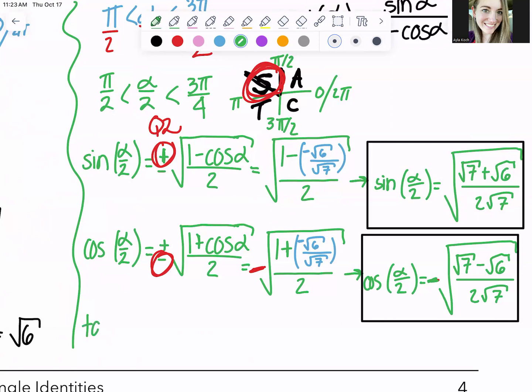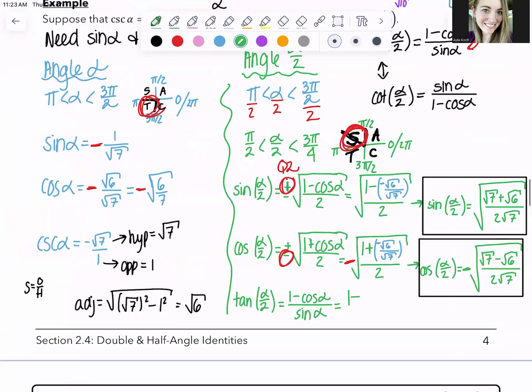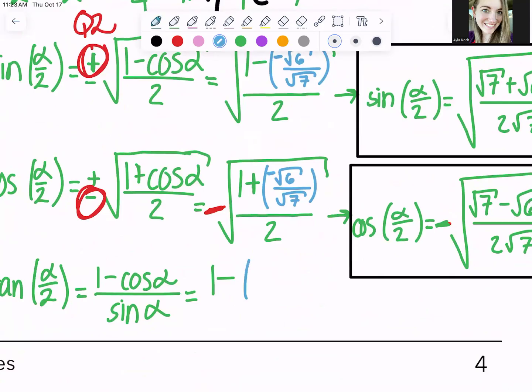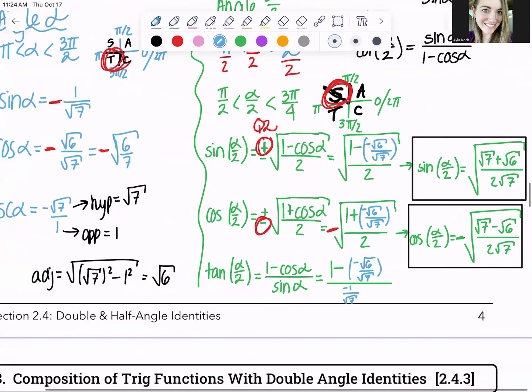Tangent, last one. Tangent of alpha over 2 is equal to 1 minus cosine alpha all over sine alpha. 1 minus negative square root 6 over square root 7, all over negative 1 over square root 7, right here from sine.